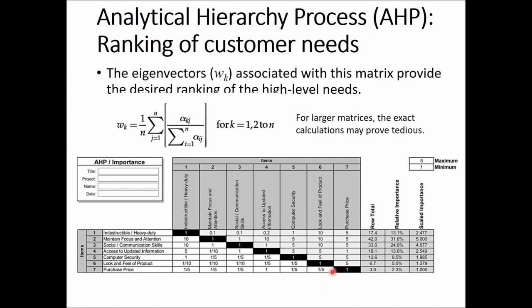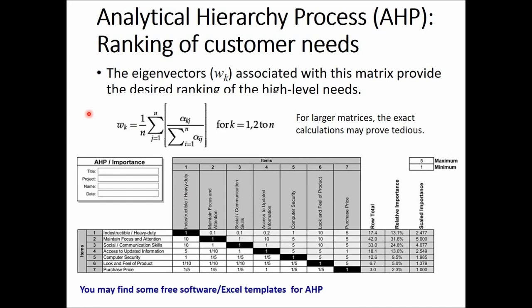You can see based on the previous table, the values of P are assigned. So the diagonals are 1, and the rest of the values are based on which one is more important than the other one, and vice versa.